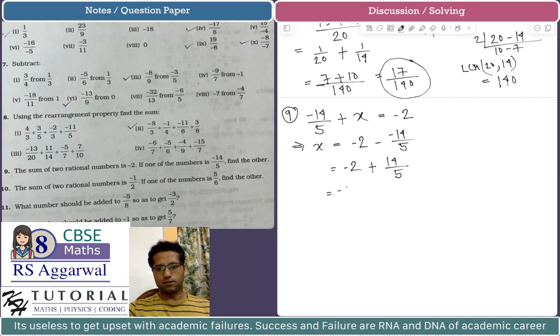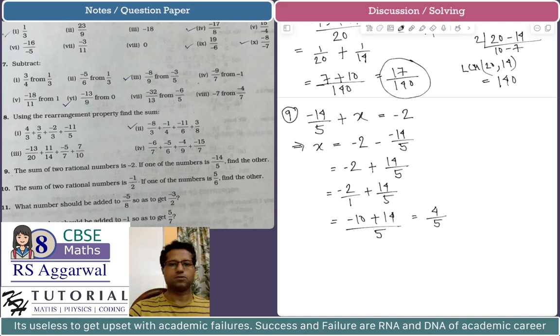This is nothing but minus 2 by 1 plus 14 by 5. If you simplify this further, this will be minus 10 plus 14 by 5, which is equal to 4 by 5. So the other rational number is 4 by 5.